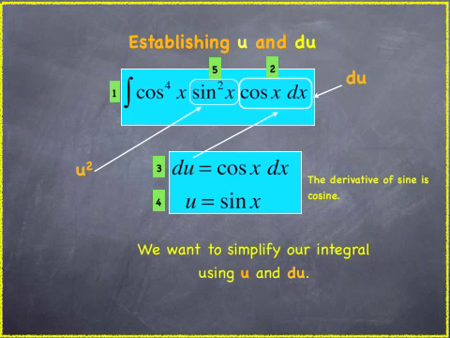And we know that because the derivative of sine is cosine. So if du is cosine, that means u is sine. And that's how in item 5 we're able to substitute. If u is sine, then sine squared is u squared. So we can make that substitution. Now, the only thing left to replace is cosine to the 4th power, and we're going to do that next.